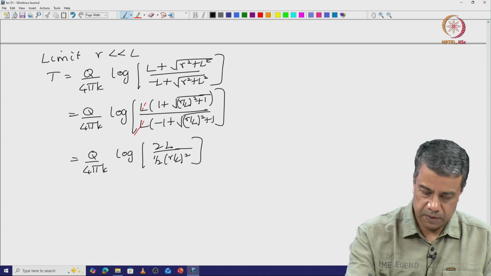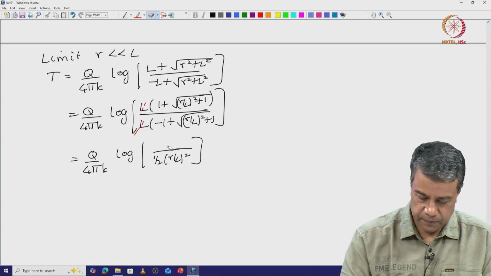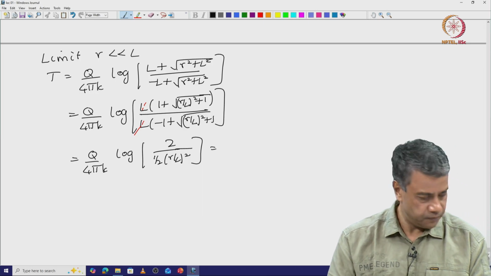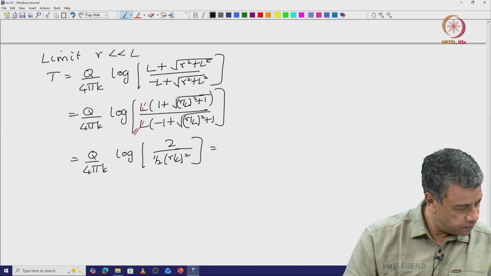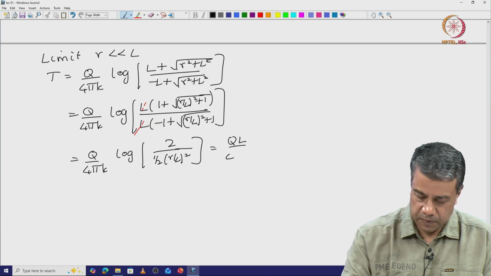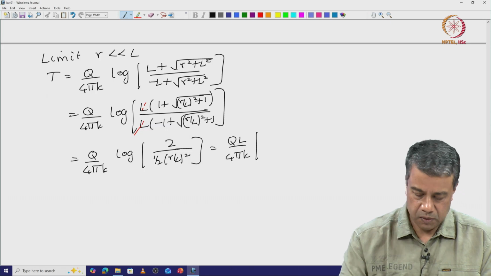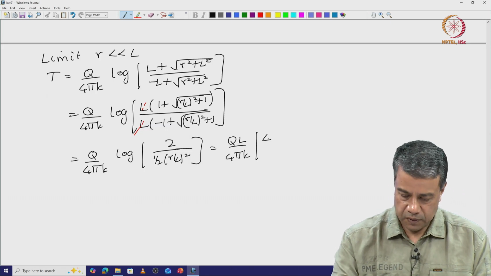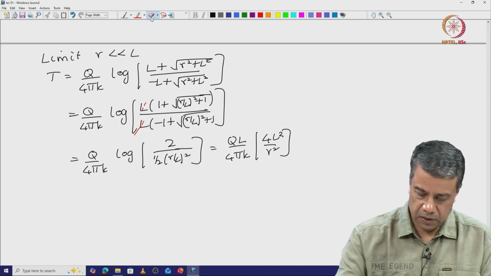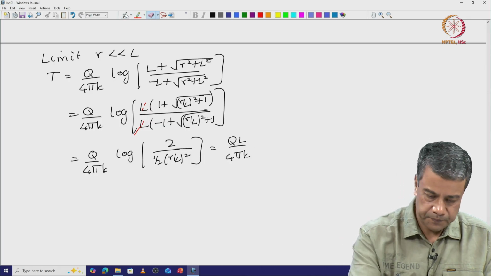I am sorry, this should not be 2 L, this should just be 2. Which is equal to q by 4 pi k into log of 4 L square by r square.